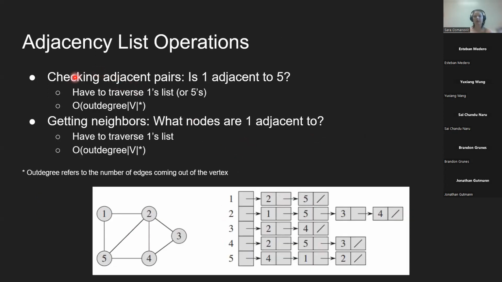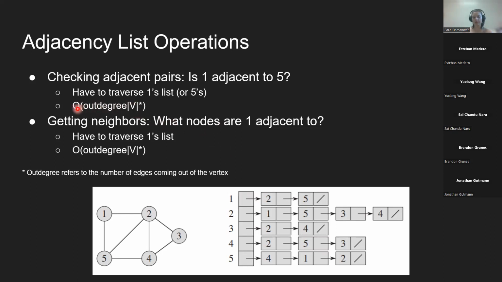Operations, you can check the adjacent pairs. So if you think about, you want to see, is 5 adjacent to 1? So is there a direct edge between 5 and 1? You check if 5 is in the list at index 1.